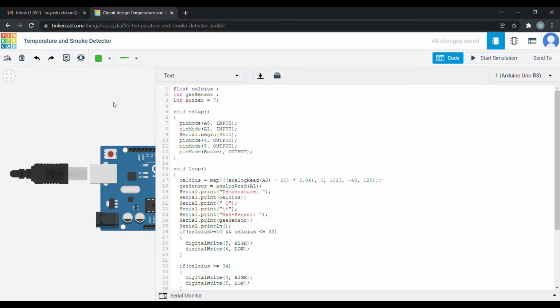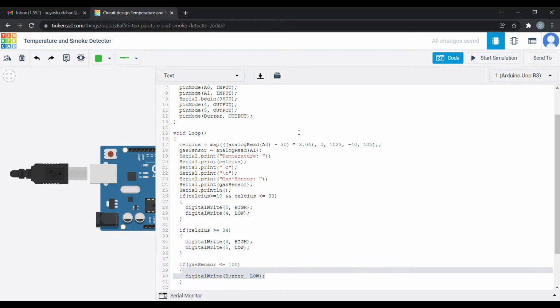Then in the void setup section, as we are going to take input from the gas sensor and temperature sensor, we have initialized pins A0 and A1 as input, and pin numbers 4 and 5, which we connected to the LEDs, we are going to get output on those terminals. So we have initialized like that, and after that we have initialized the variable buzzer.